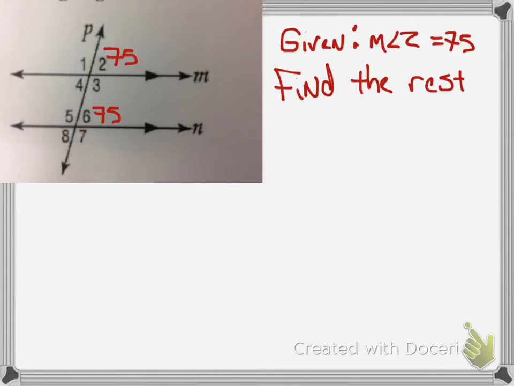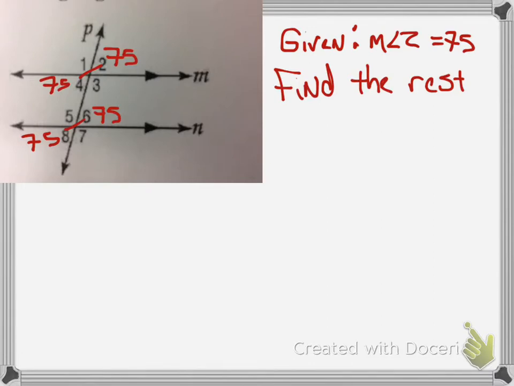We should also remember from the previous section, vertical angles, those that are right across from each other, like where I'm showing 2 and 4, are also congruent. So 4 is 75. And if 4 is 75, then its corresponding angle, angle 8, is also going to be 75. I could either say it was based on the vertical with 6, or the fact that 4 and 8 are corresponding angles.